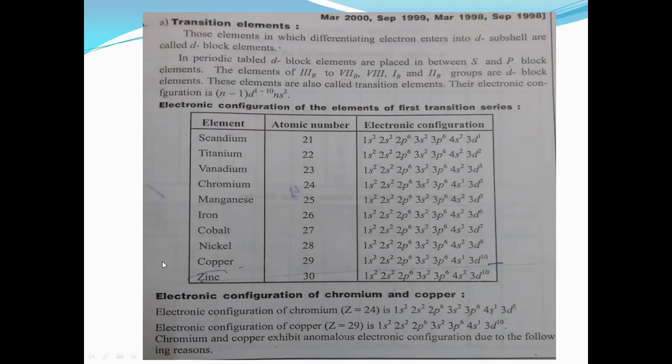Namely 3D, 4D and 5D series. In 3D series, elements are from scandium to zinc. Scandium atomic number is 21, zinc atomic number is 30, and their electronic configurations are as shown in the figure.